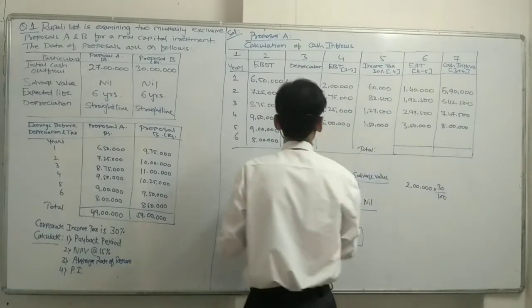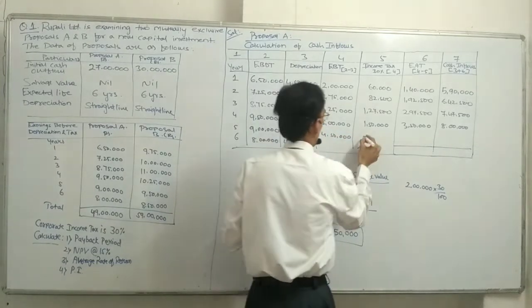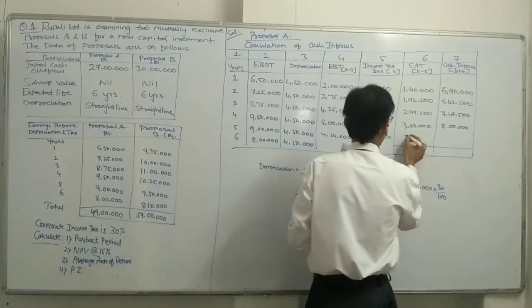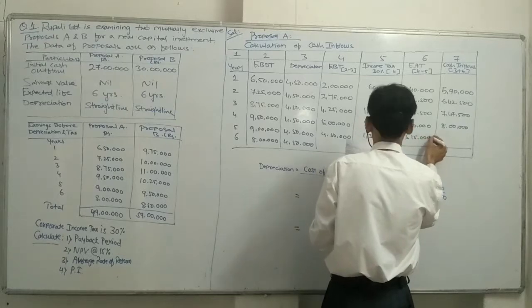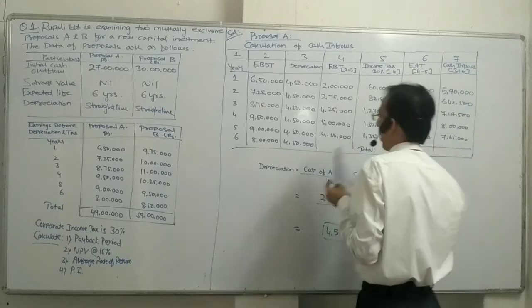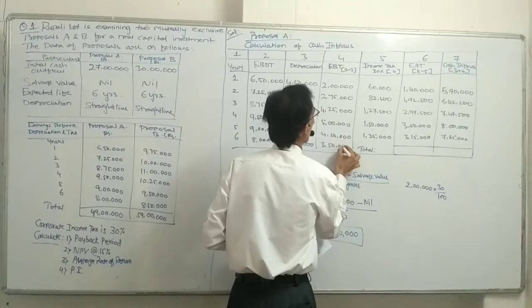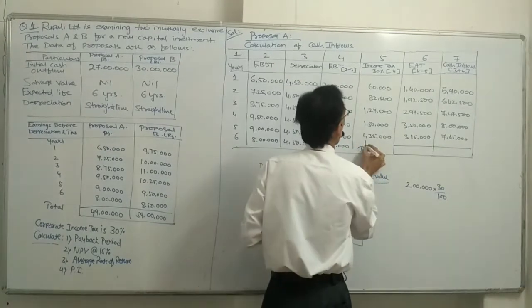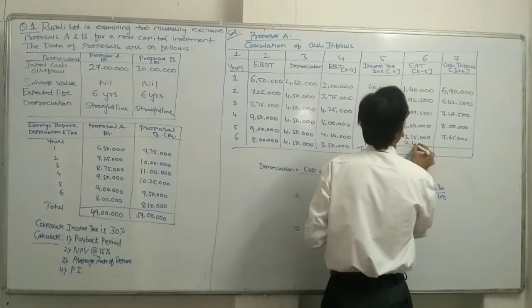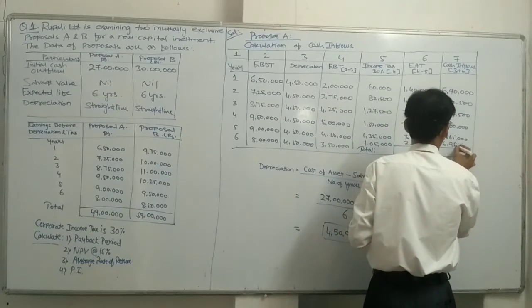Next, fifth year, it is 4,50,000, 1,35,000, 3,15,000, and 7,65,000. And for sixth year, it is 3,50,000, 1,05,000, 2,45,000, 6,95,000.